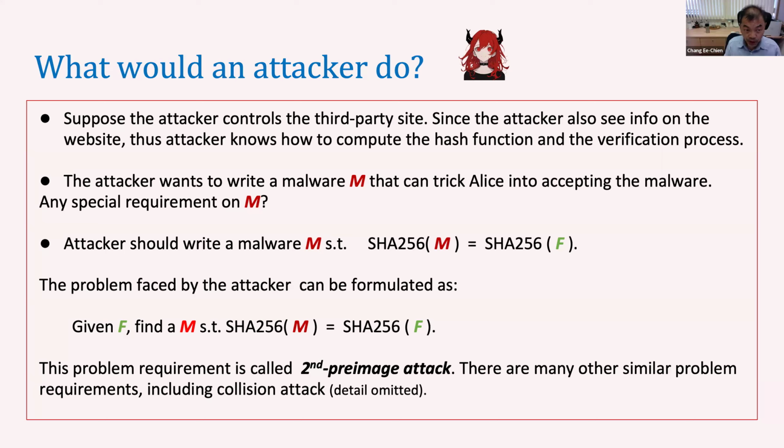I remember that previously I mentioned that from the defender's point of view, we want to design the system so as to prevent the attacker from meeting the easiest goal, which is collision attacks. So here, let's consider a much more difficult problem for the attacker, which is second pre-image attacks.